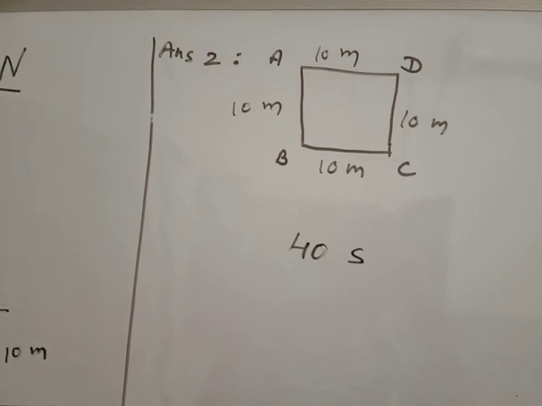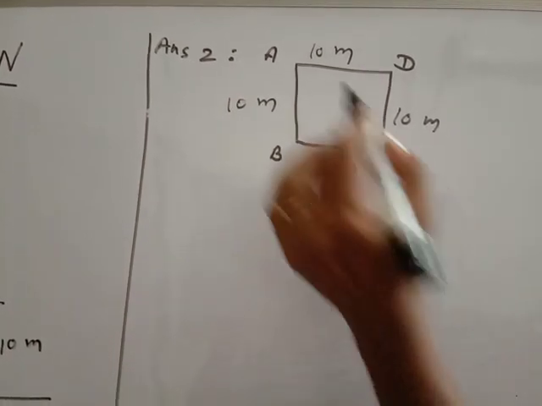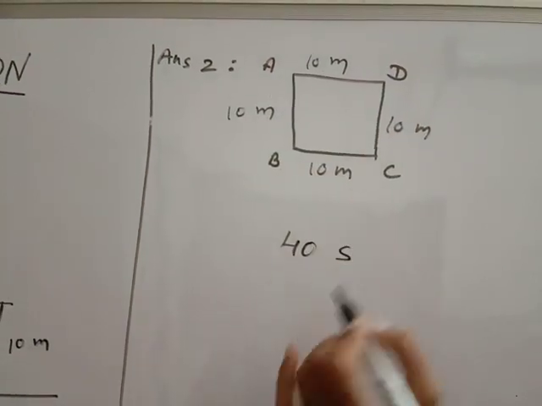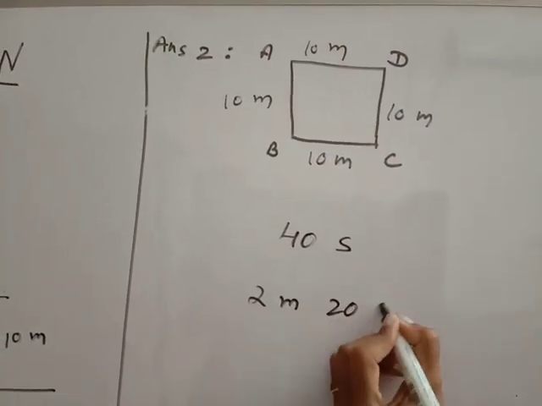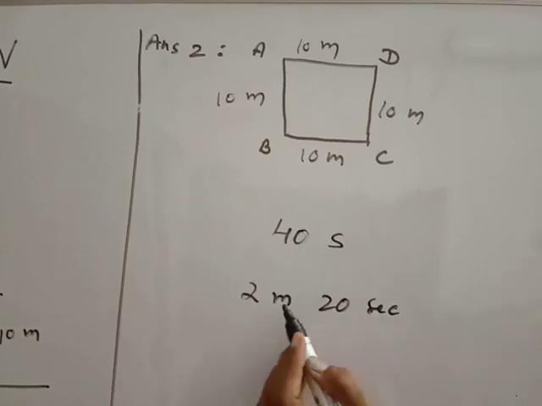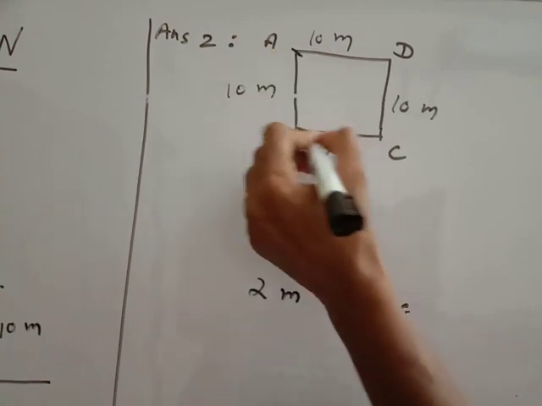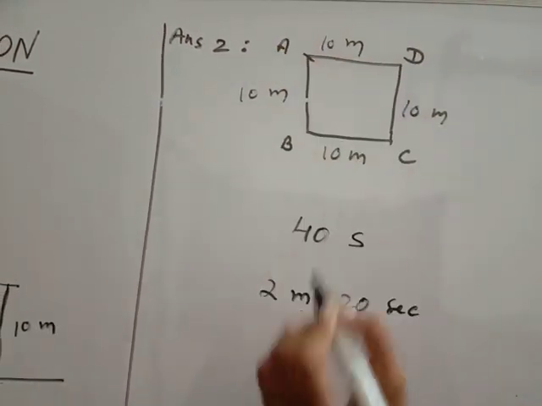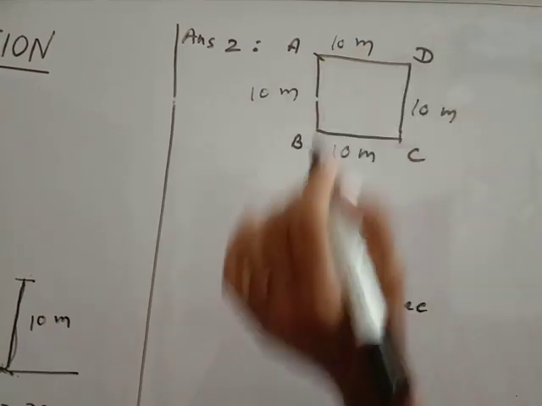Now the question is, what will be the displacement when he has walked for 2 minutes and 20 seconds? First of all, I will find out where he will be at 2 minutes and 20 seconds.